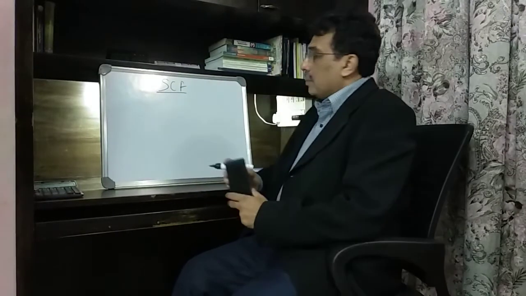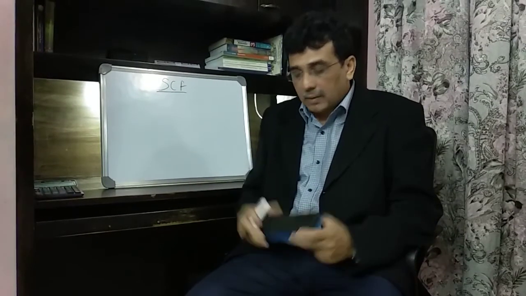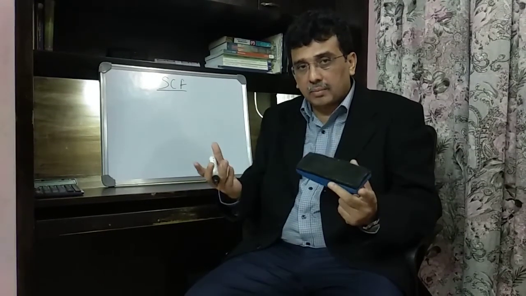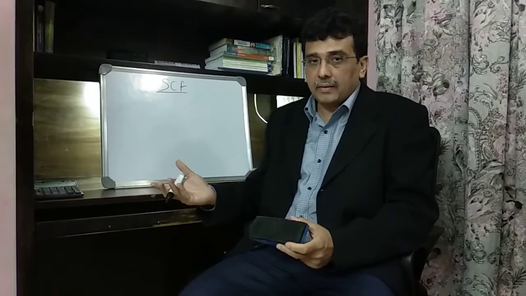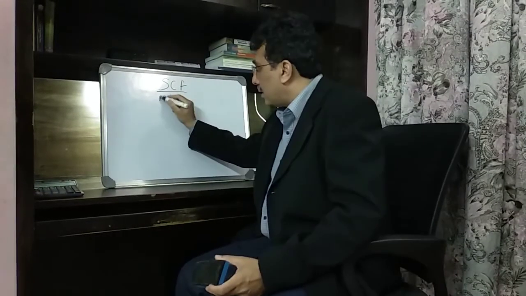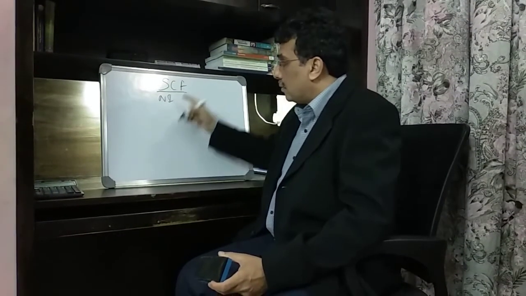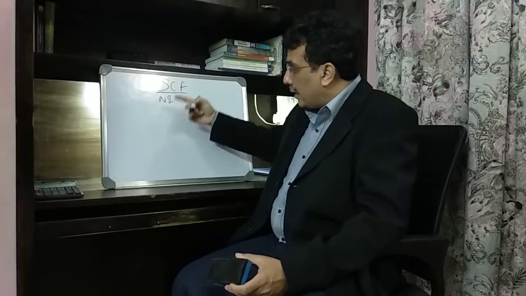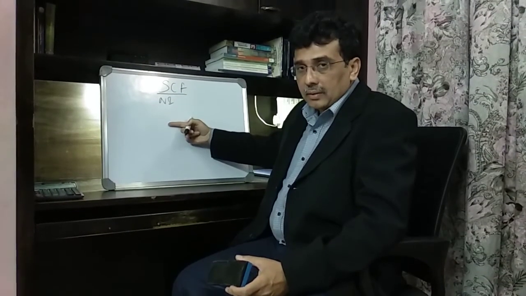Now comes the preparation of the cash flow. How do you prepare a cash flow? First of all, let me tell you, a cash flow is a reconciliation between your income statement and the cash in hand, right? Because under the indirect method, you are going to start off with the net income and arrive at the cash, right?